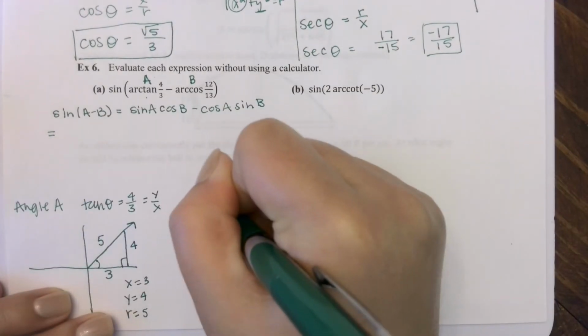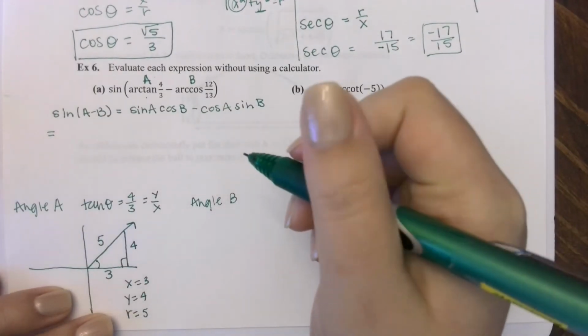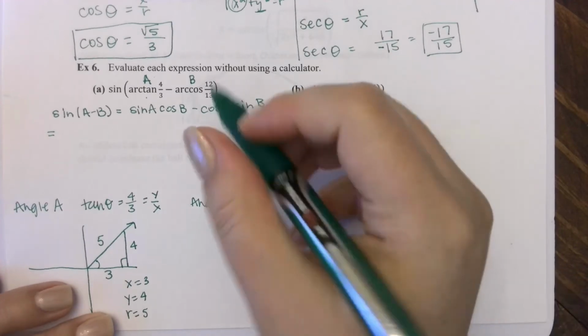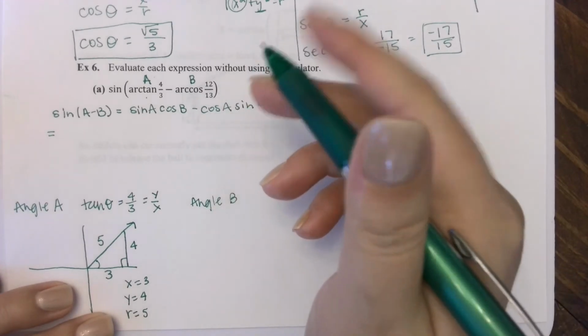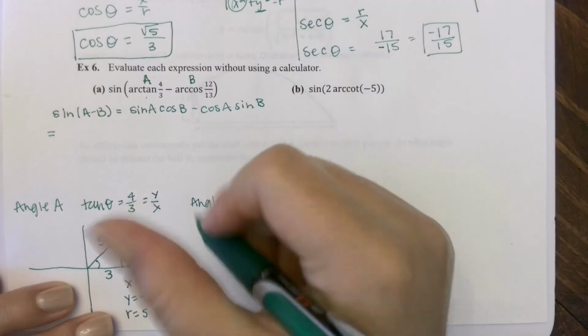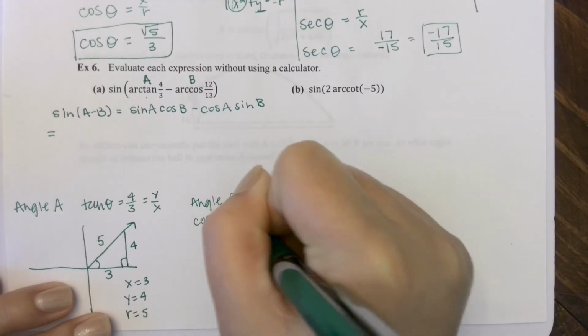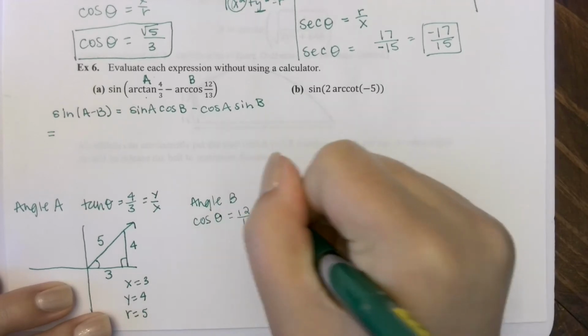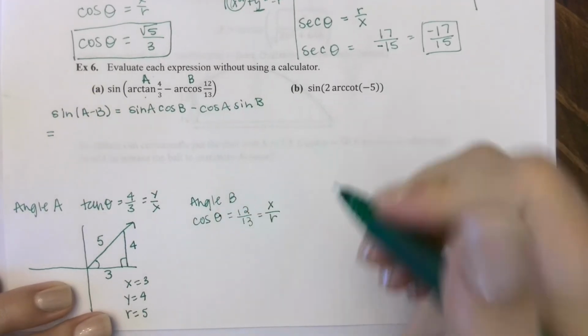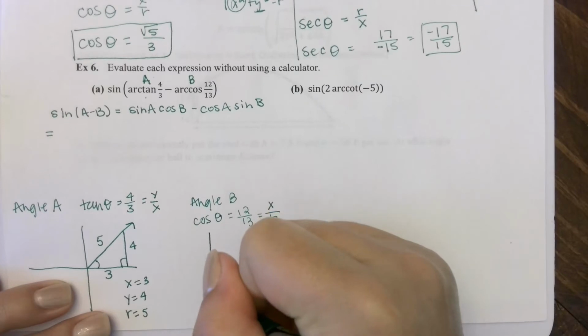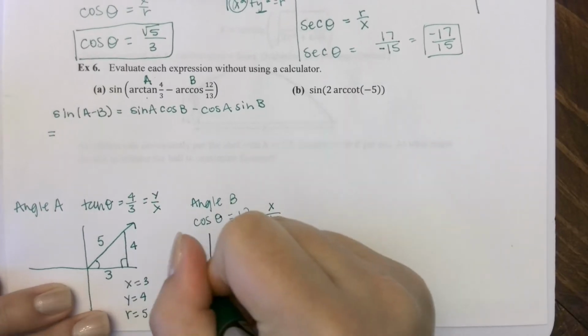Angle B, this is arc cosine. So arc cosine of 12 over 13 would give me cosine theta equals 12 over 13, and that is x over r. Again, this is positive.